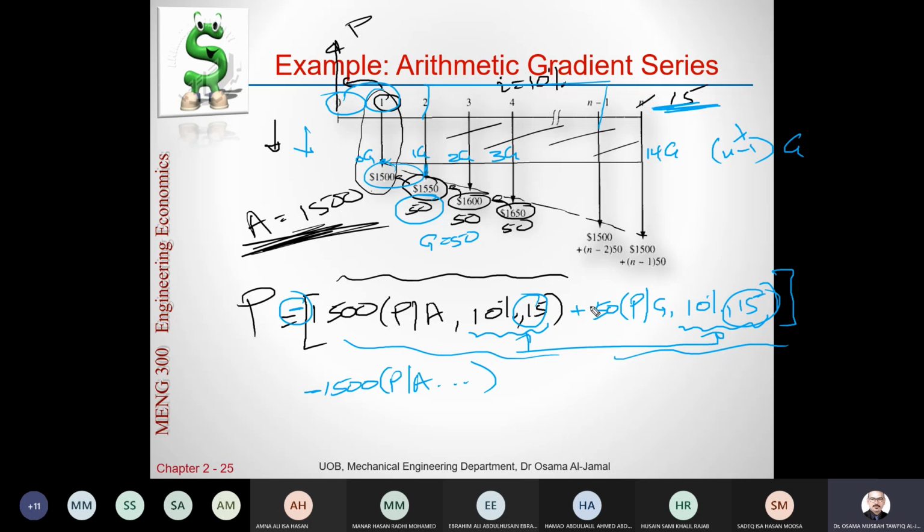Why? Because negative multiplied by positive, we're going to have negative. This is downward and increasing. Downward, negative, increasing, positive. So negative multiplied by positive will be negative. Downward, decreasing, i.e. downward, negative; decreasing, negative. So what we're going to put here is positive, if it's downward and decreasing.